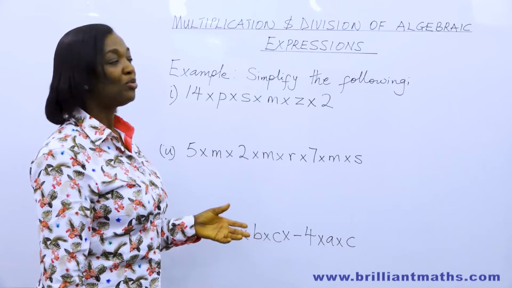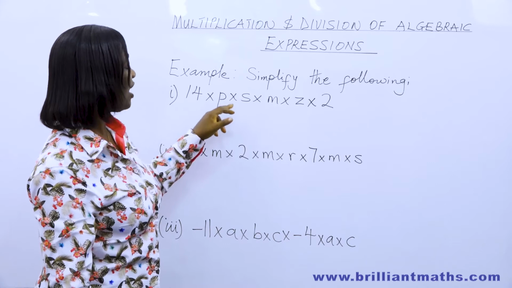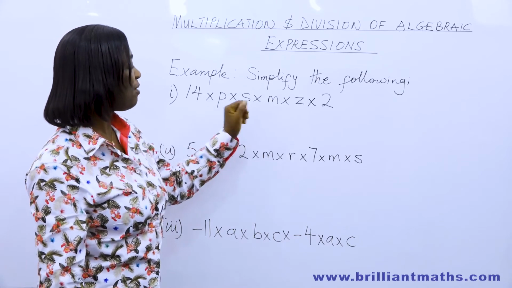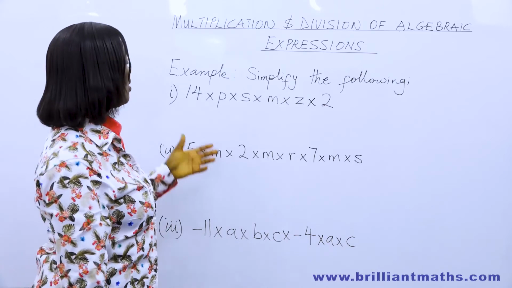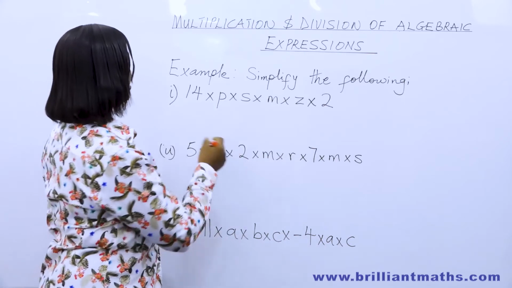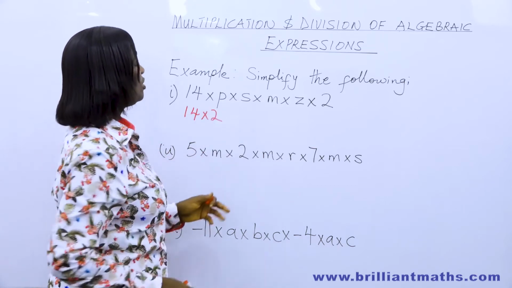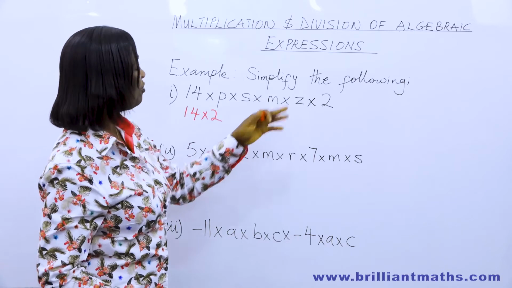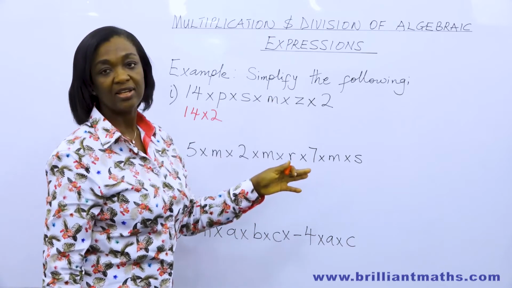In this example, we want to simplify the following: 14 times p times s times m times z times 2. We'll multiply 14 and 2, so let's write them side by side. 14 times 2. The rest are variables p, s, m, and z.